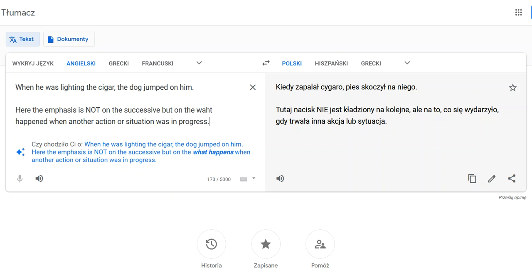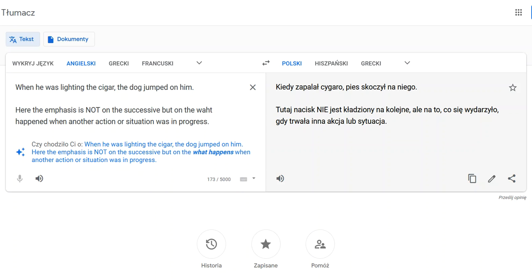Okay? So when this was in progress, and before it stopped, before it ended, before it finished, this happened. Okay? So here the actions are not successive. The second action, the dog jumped on him while he was lighting the cigar.